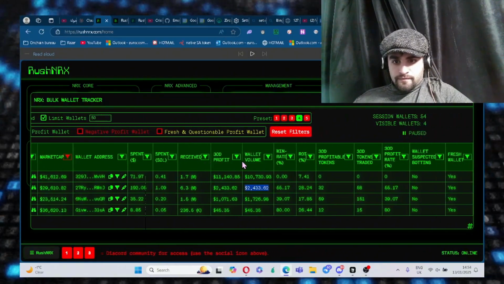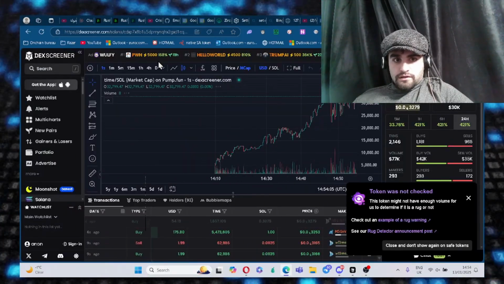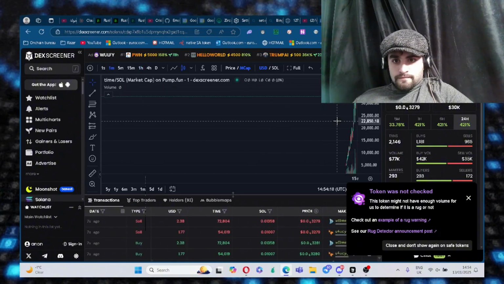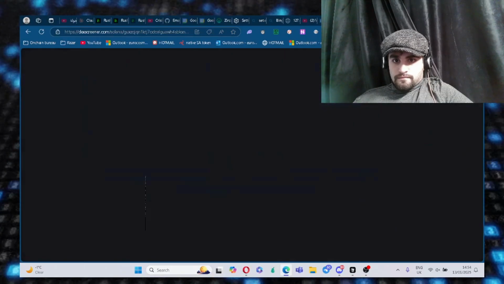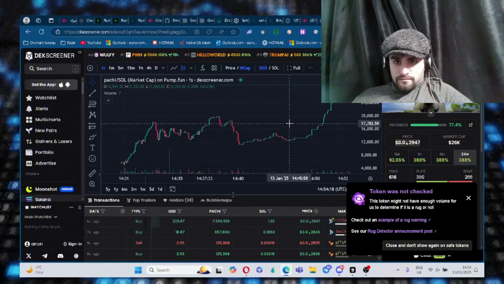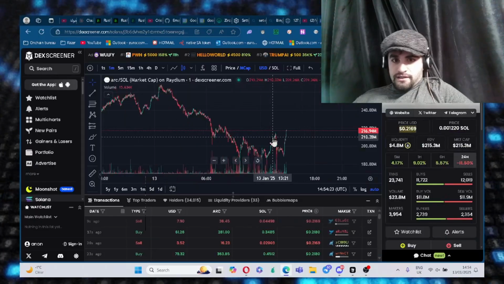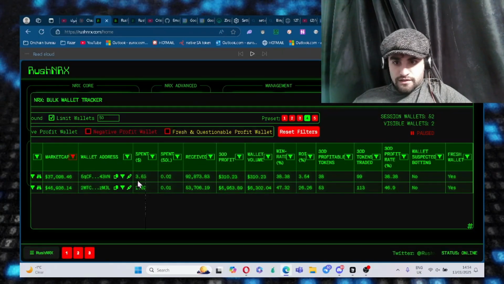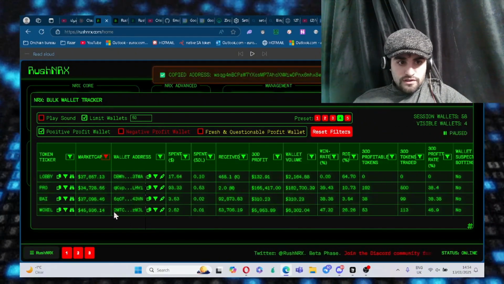Okay. 28K market cap. Oops. It's a shame we're getting all of them on the very top, except this one. Let's try to find one that is not in the very top. Let's try Voxel.